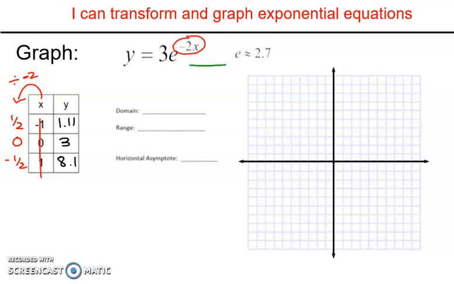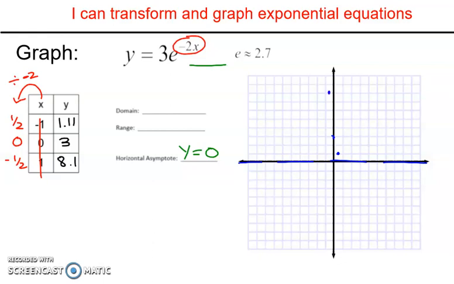And since the c value is 0, our horizontal asymptote is still y equals 0. So let's graph that: y equals 0, positive 1/2, 1.1, 0, 3, and negative 1/2, 8.1.